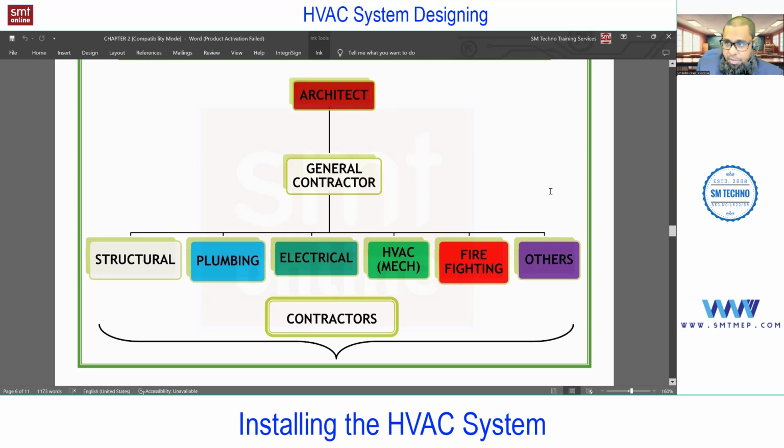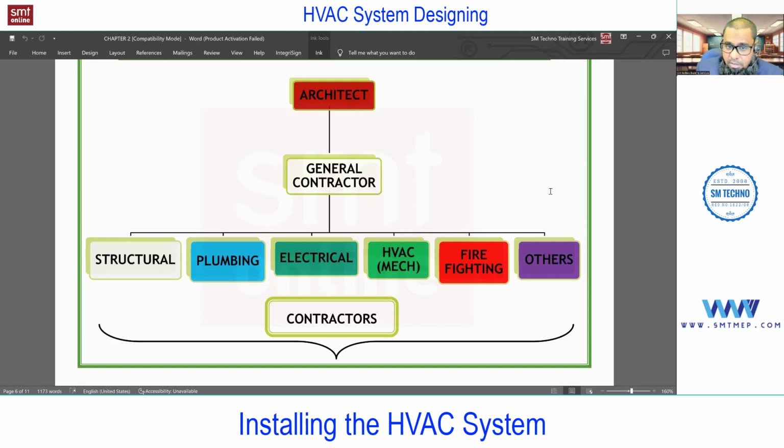Just one minute, please. So you are saying that the architect is the main consultant, right? Yes, you can consider the architect as the main consultant. But in the main consultant, you'll find the architect and the mechanical and electrical team of engineers. For a small project, you can assume that the architect is the main consultant.